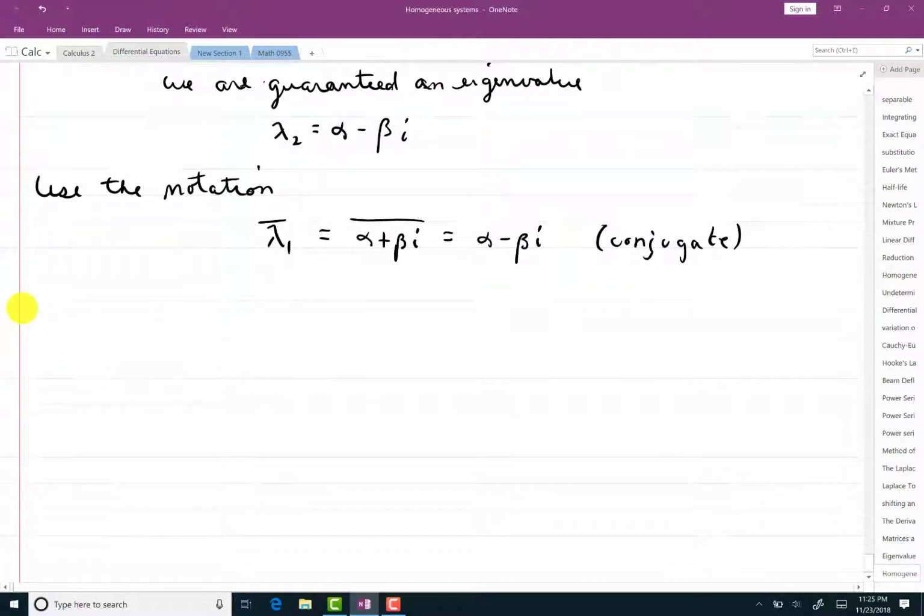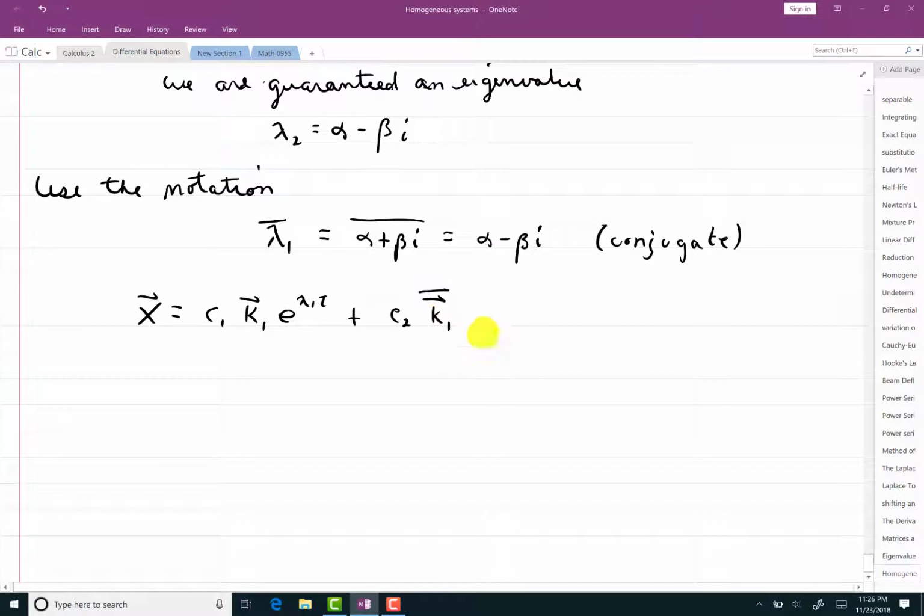So when you get your answer, it's going to look like this. You'll have a C1 K1 e to the lambda 1 t, but your second answer will automatically take the following format. I'll get a K2, but it'll actually be K1 with an arrow, but I'll put a line over top of it.